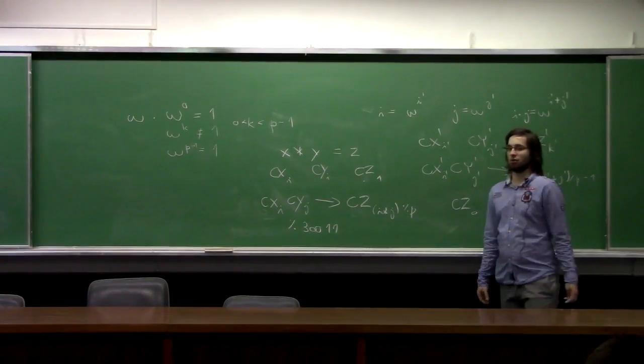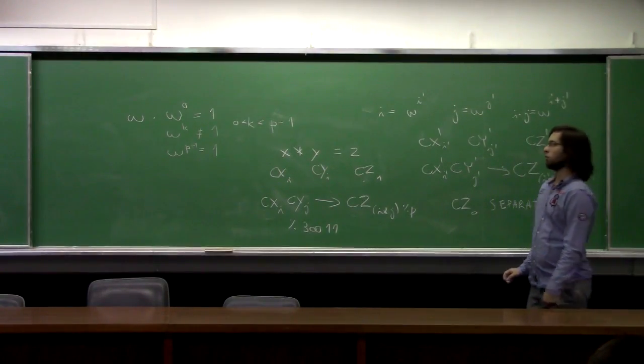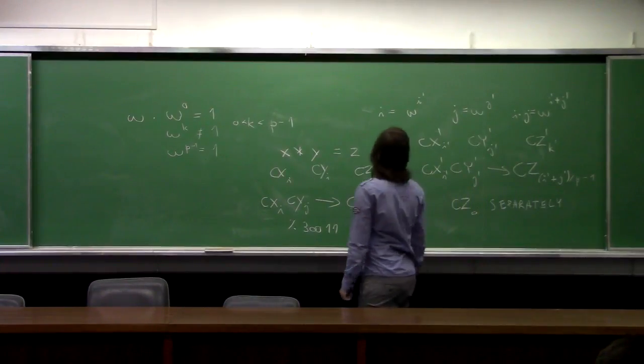Okay, not a permutation because it's from 1 to p minus 1 to 0 to p minus 2.